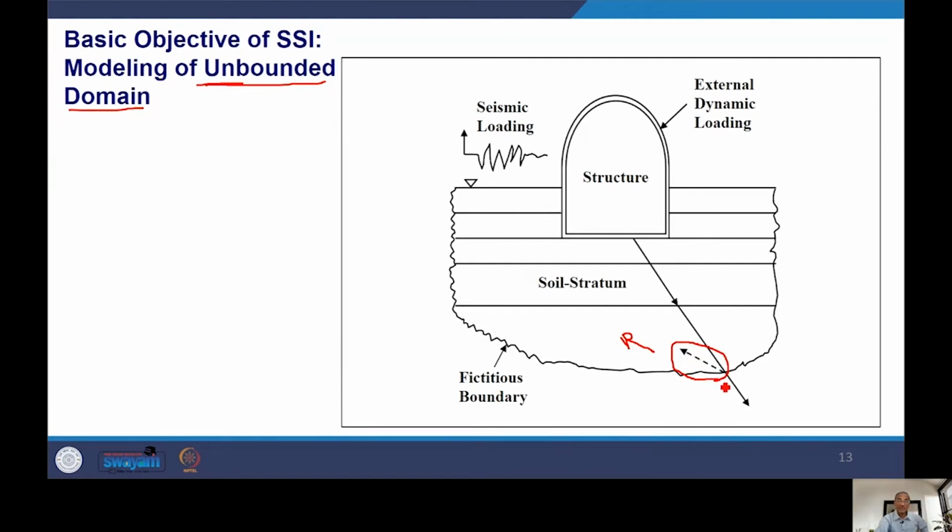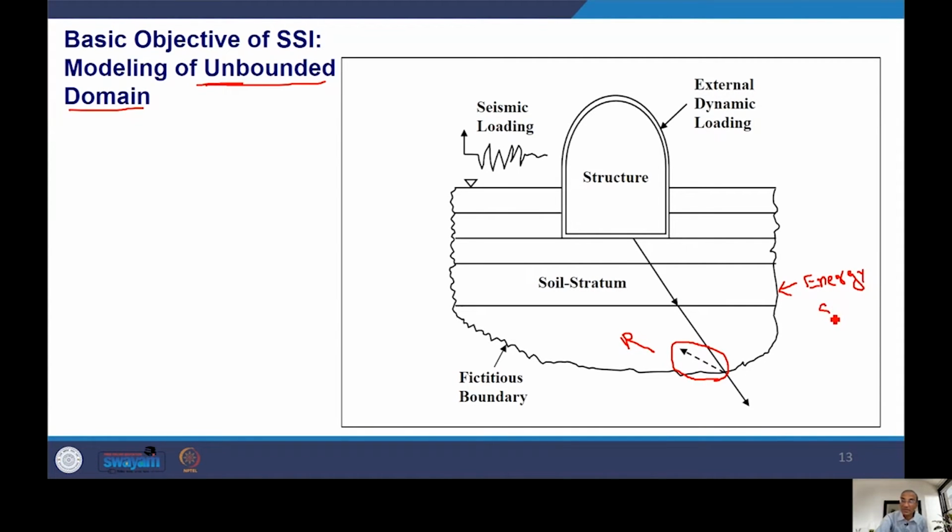Then what does one need to do? One needs to design this boundary in such a way that it acts like an energy sink. Energy sink, let me write here: this boundary acts like an energy sink.